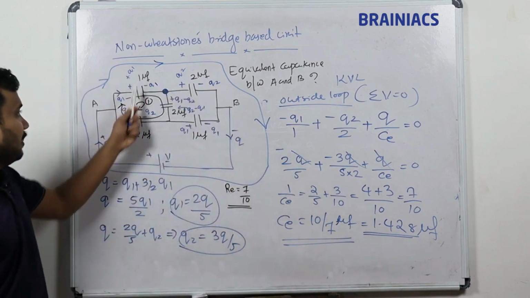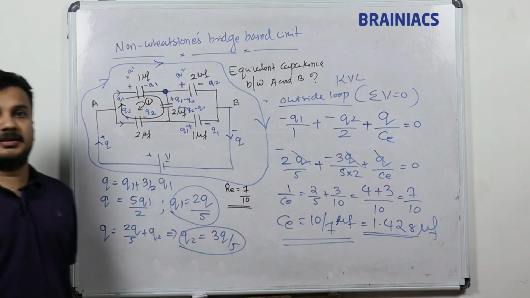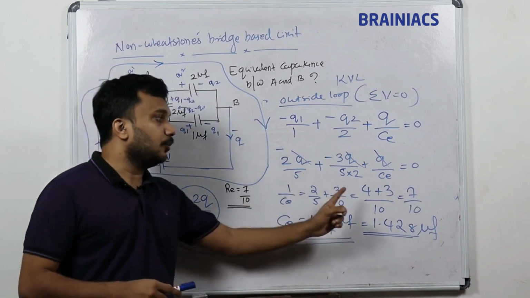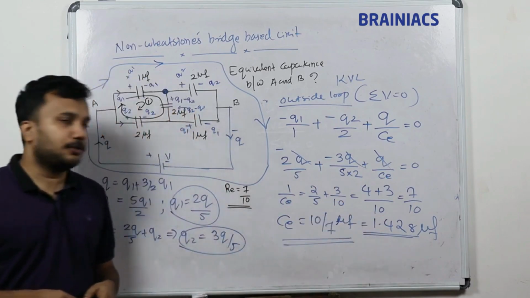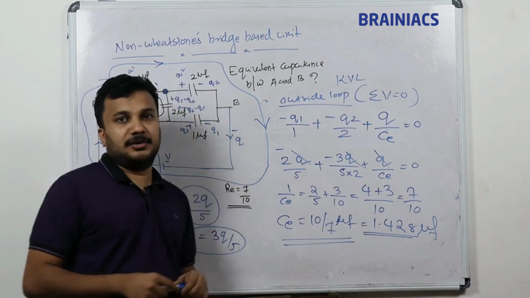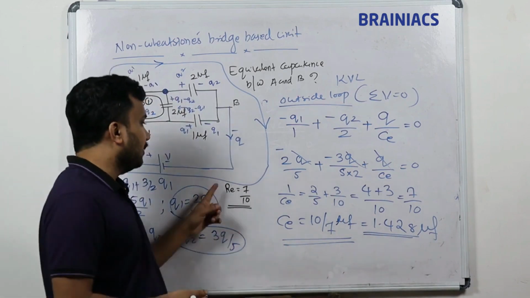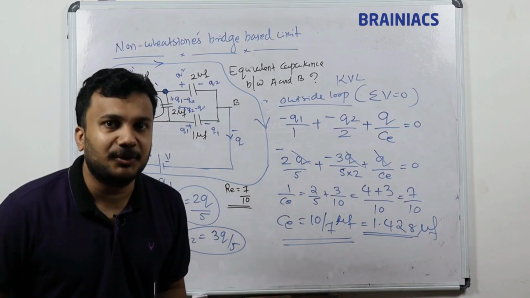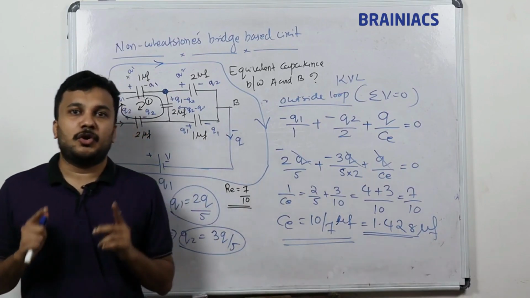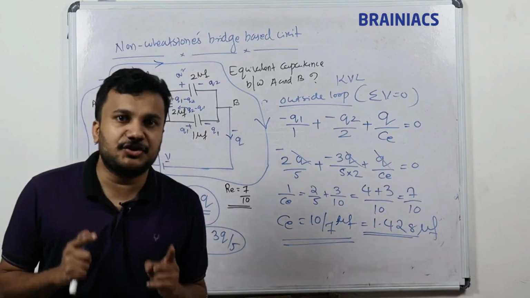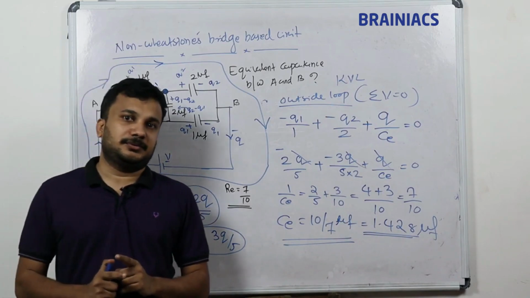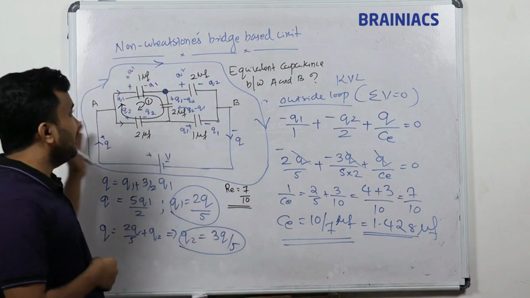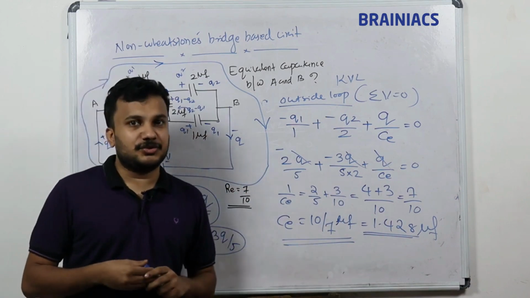In this problem, with 1, 2, 1, 2, the capacitance is 10 by 7, which is 1.428 microfarad, and if you are asked about the resistance value, it becomes 7 by 10. Hope you understood the non-Wheatstone bridge circuit. This is the concept for solving a non-Wheatstone bridge circuit in the very traditional way.